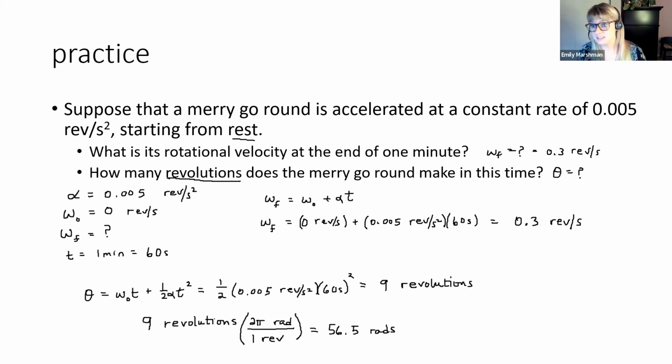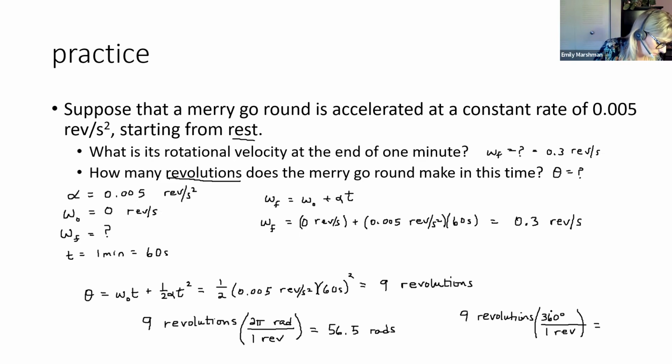How many degrees is that? Well, let's do the same thing. How many degrees is in 9 revolutions? My conversion factor is 1 revolution is 360 degrees. So I do 9 multiplied by 360. That's 3,240 degrees.